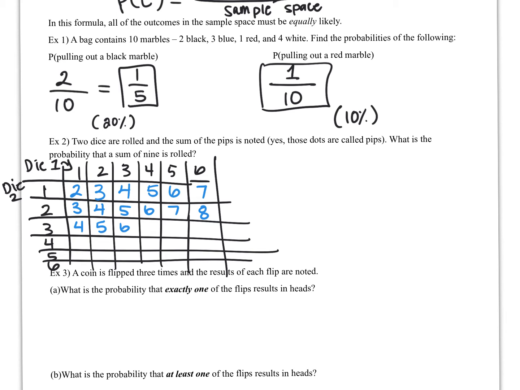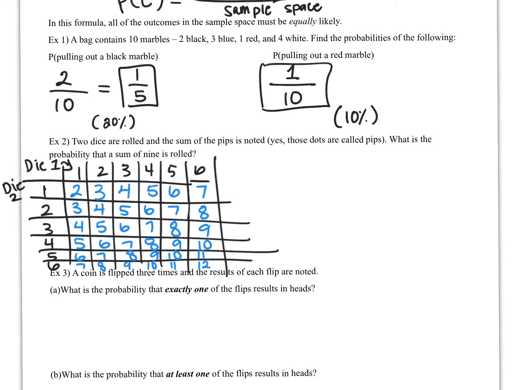You can see there's a pattern forming. It makes sense. The smallest sum on the dice is 2. The biggest sum is 12, because that's 2 6s.